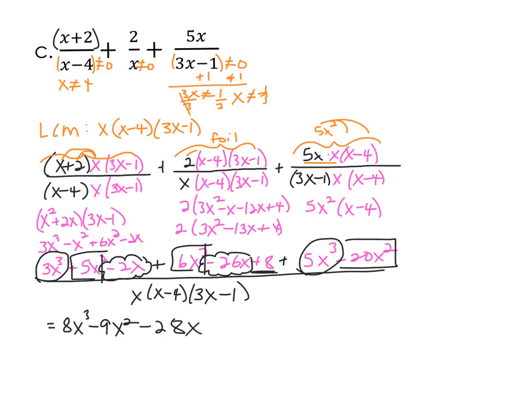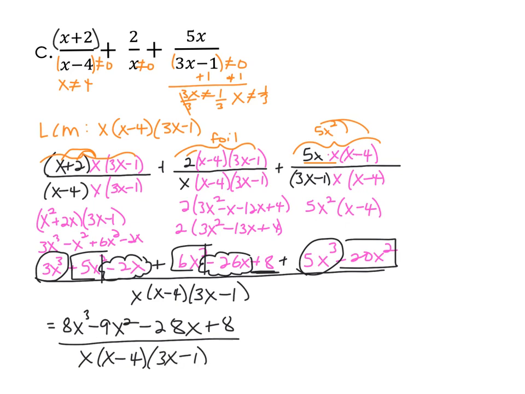And then we have a constant at the end of 8. Whoa, 8x cubed minus 9x squared minus 28x plus 8, all over our LCM of x minus 4 and 3x minus 1.